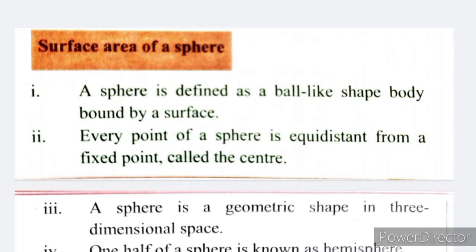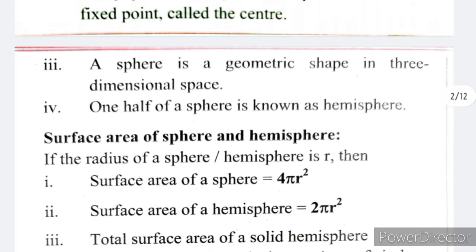Then let's learn more. A sphere is a geometric shape in three-dimensional space, and one half of a sphere is known as a hemisphere. So there are two halves of a sphere, that is, two hemispheres. Don't get confused about what is a hemisphere and what is a sphere. The hemisphere is a part of the sphere.